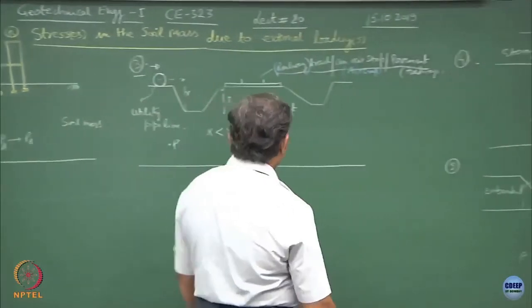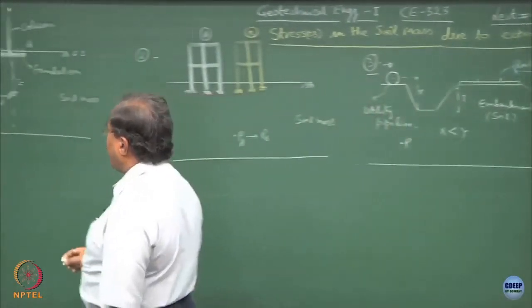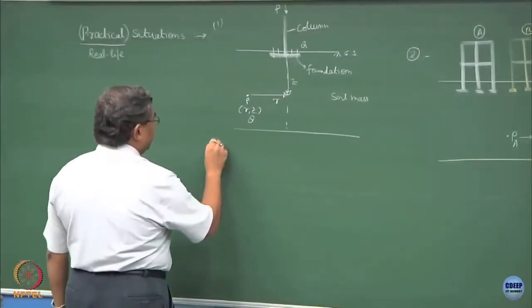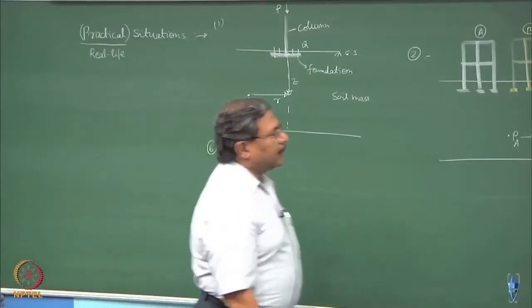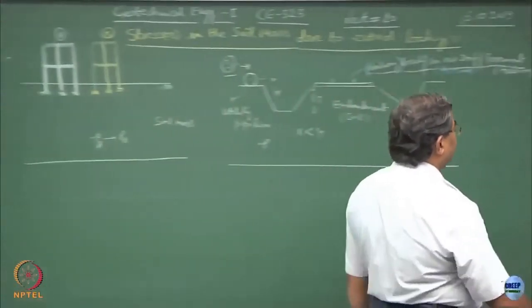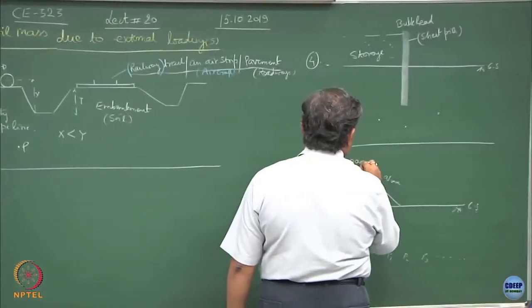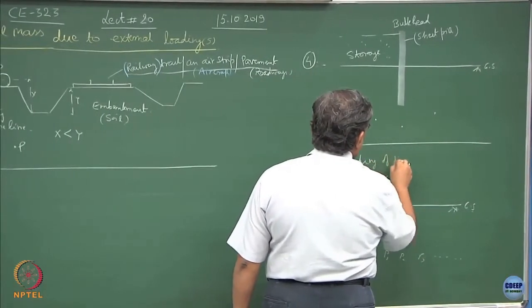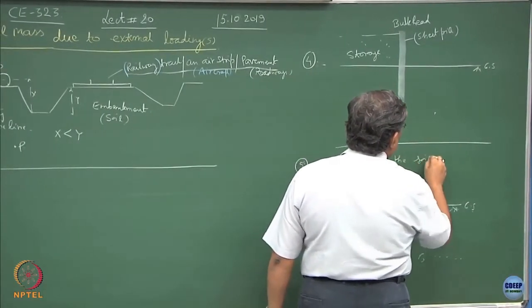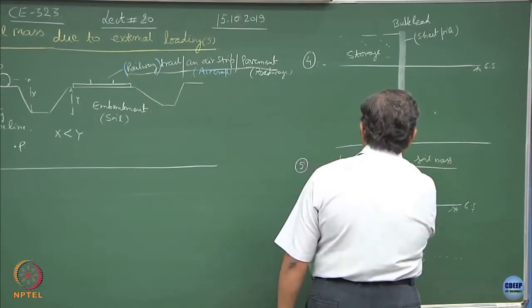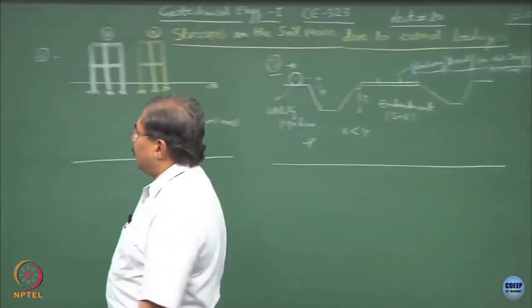There could be another situation where we might be doing excavations. So, this is let us say the loading of the soil mass, and this could be let us say excavation.